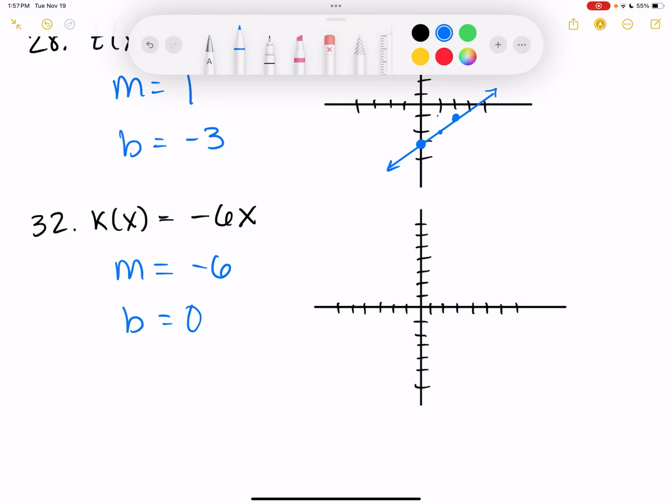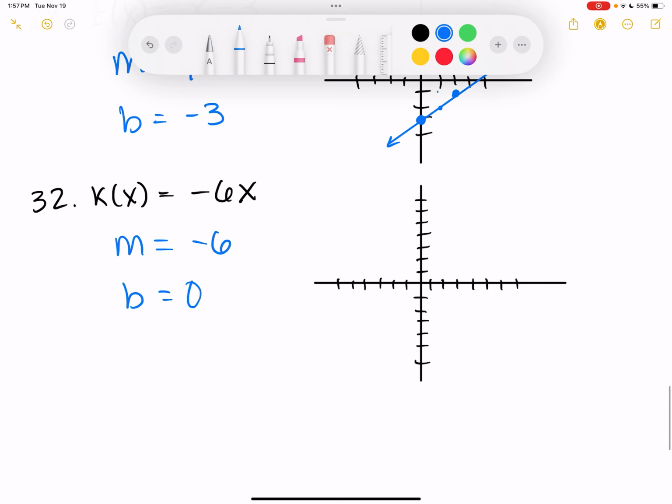All right, so I have an intercept of 0. So that actually is at the origin. So it's 0, 0 right there. Now, this is a slope of negative 6. That means I have to go down first, then to the right, because I want something going like that. So, down 1, 2, 3, 4, 5, 6, and right 1.